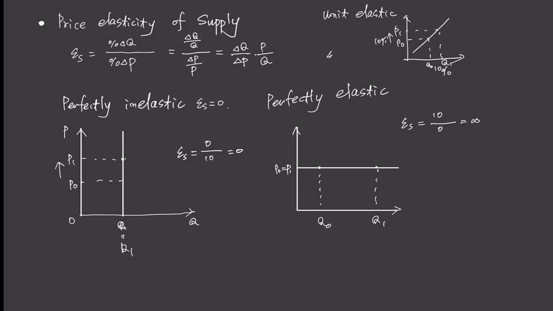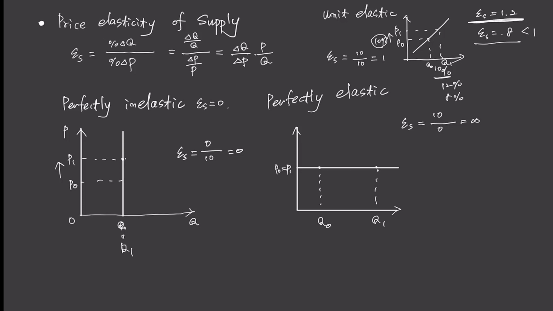Then elasticity of supply, 10% divided by 10%, is equal to 1. If the increment is greater than 10%, say the price increases by 10% and quantity increases by 12%, elasticity of supply is equal to 1.2. If it is 8%, that is 0.8. So this one is less than 1, inelastic. This one is bigger than 1, elastic.